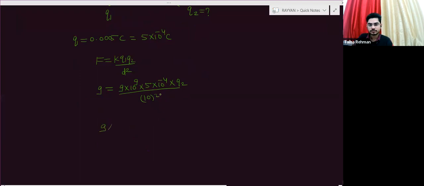This is 9 into 10 square, and this will become 45, 9 5s are 45, multiplied by 10 to the power 9, 10 to the power minus 4, 10 to the power 5 into Q2. Try yourself also.